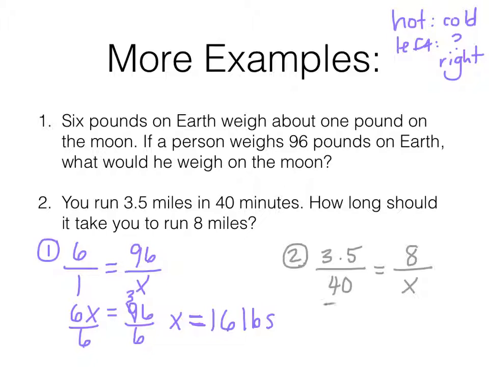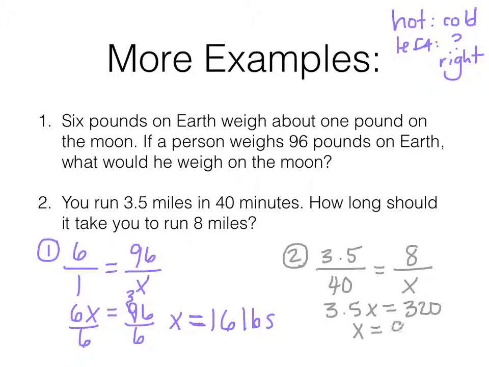So cross multiply: 3.5x equals 40 times 8. And 40 times 8 is 320. So 320 divided by 3.5 is definitely not a whole number.